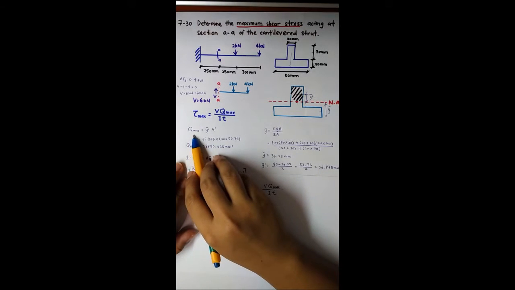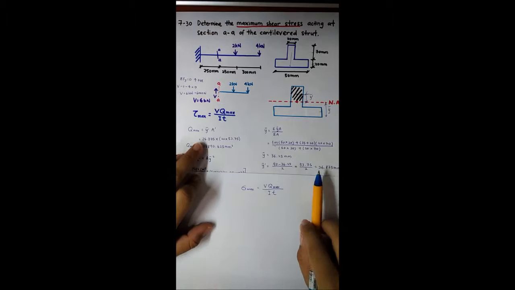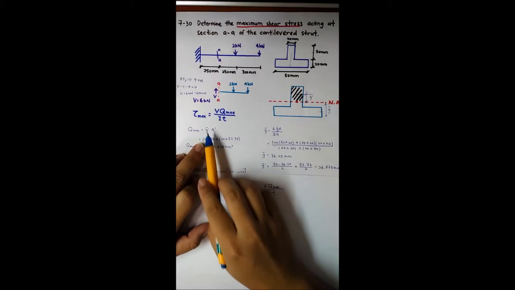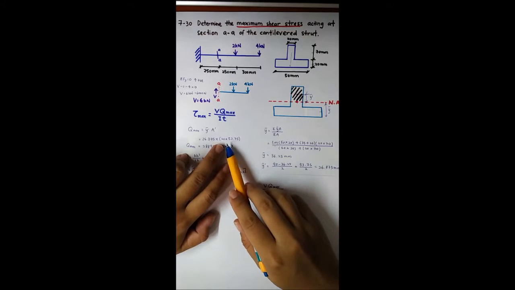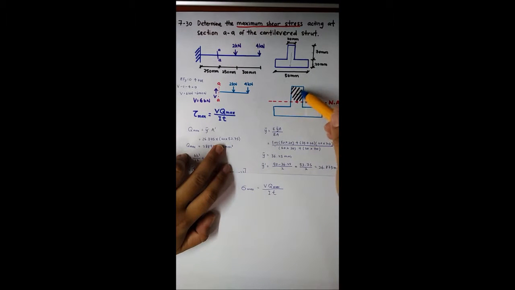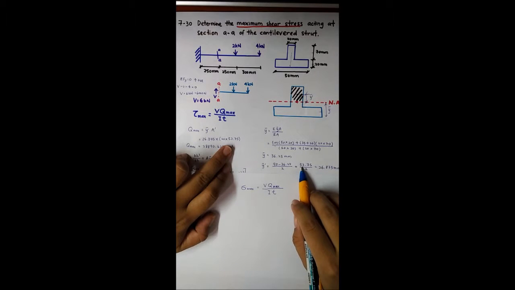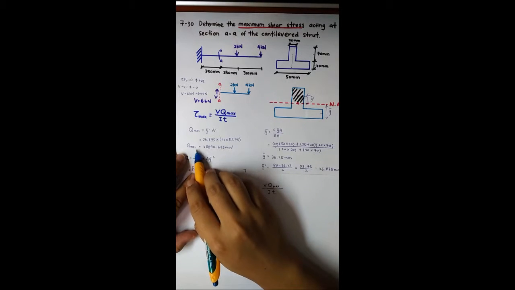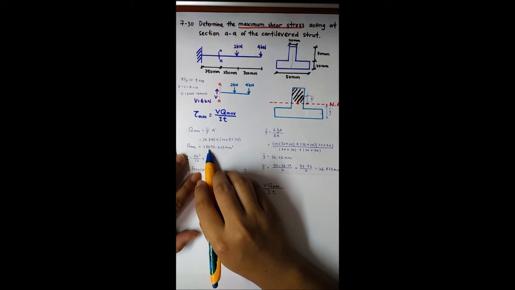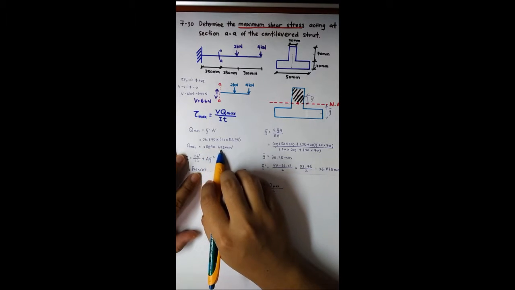Next, we calculate Q maximum. We get the answer: 26.875 for the Y prime bar, and then times the A prime, area of this section, shaded region, 20 times this height, we get from here 53.75, and then we get the Q maximum is 28890.625.